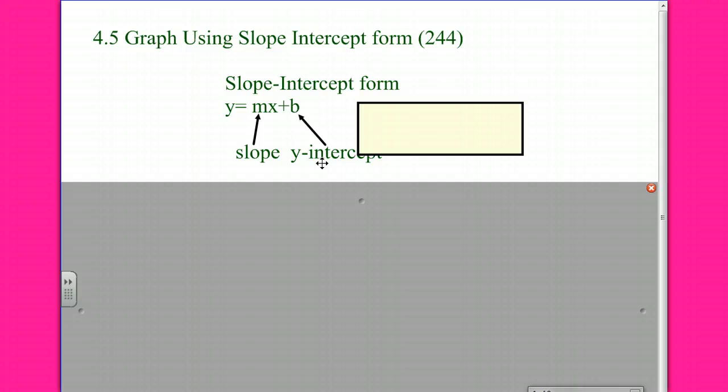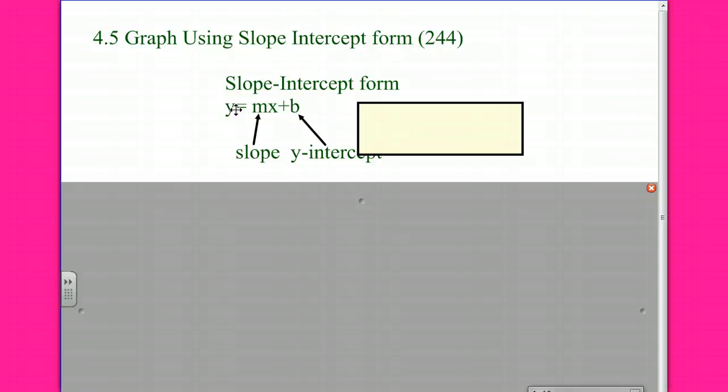And these other two letters that you see in slope y-intercept form are x and y. It's actually y that shows up first. y is isolated, right? But x and y together are what? Raise your hand if you have an answer. x and y together make a point.